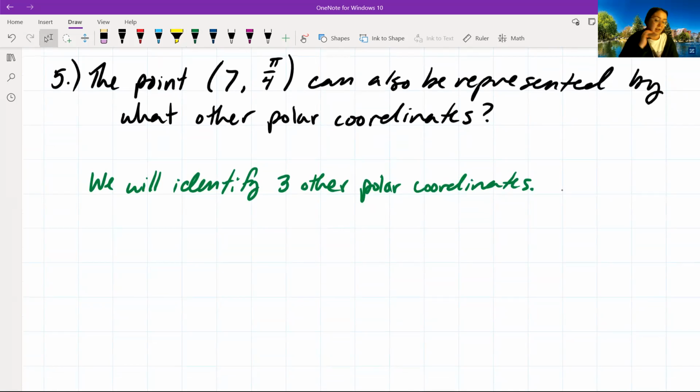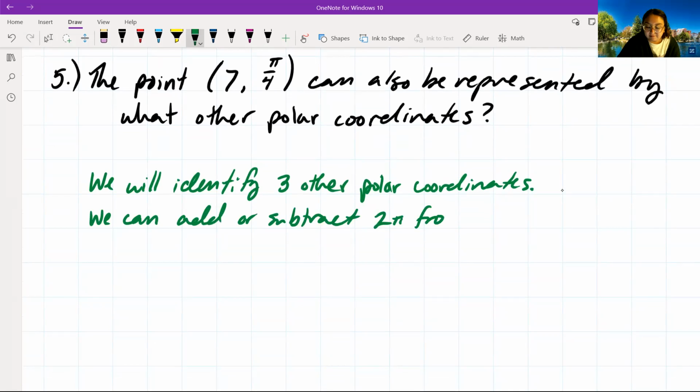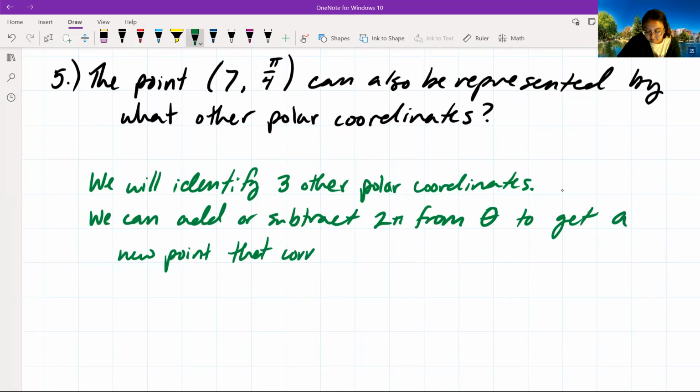So if we want to identify 3 other polar coordinates, this means that we have to change our original polar coordinate into a new form that also represents the same point. The way that we can do that is that we can add or subtract 2 pi from theta to get a new point that corresponds to 7, pi over 4.